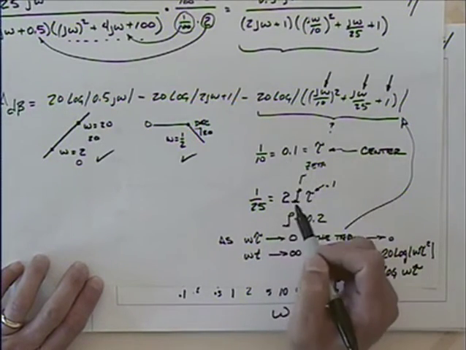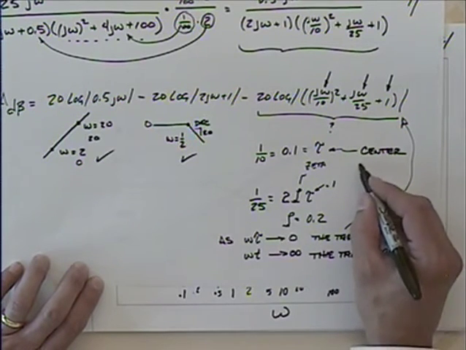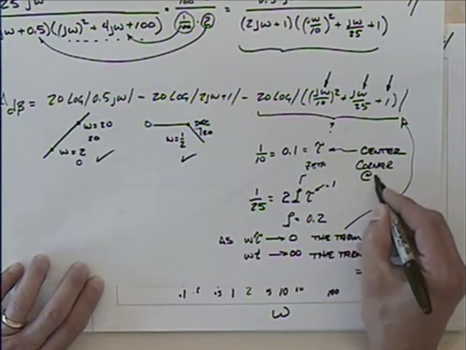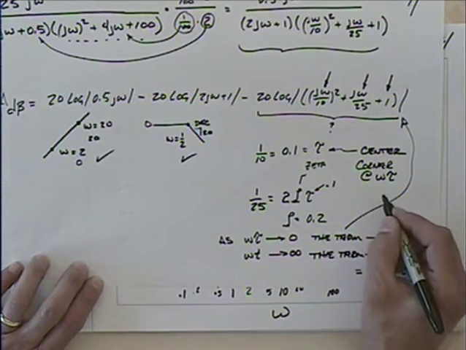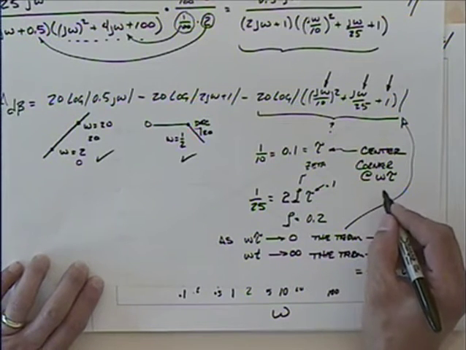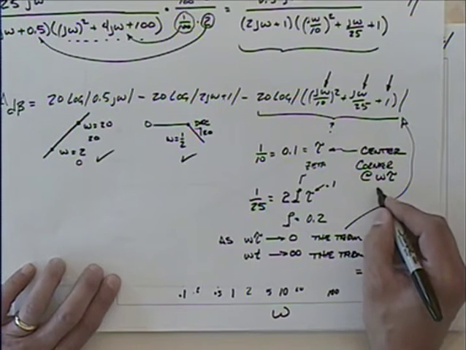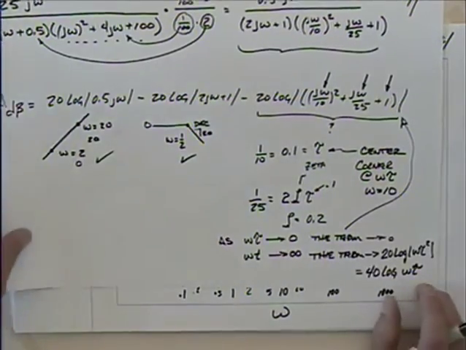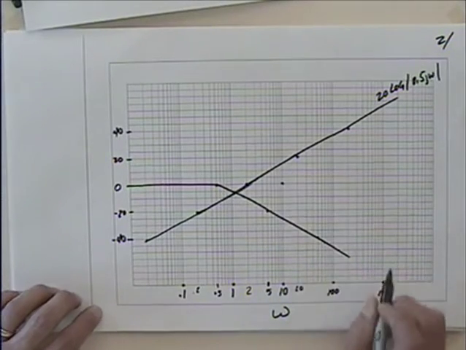Because where's that go to 1? Omega tau. So that should be 10, right? Yeah. Okay, so at 10, we'll come over here.